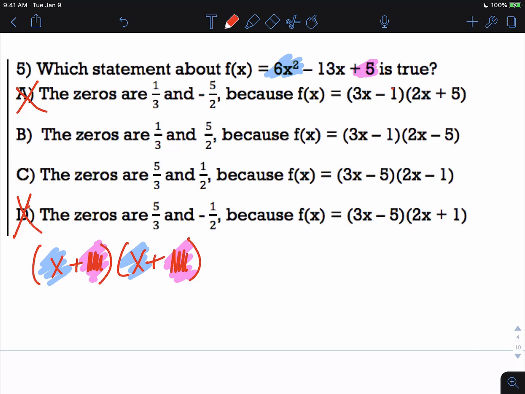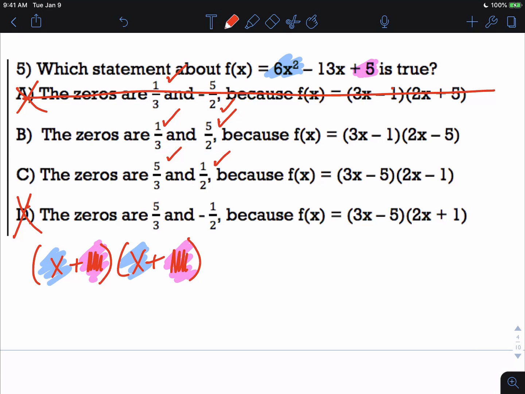Let me go ahead and look at what would happen with my answers. So it should be positive 5 over 2, positive 1 over 3, positive 1 over 2, positive 5 over 3.